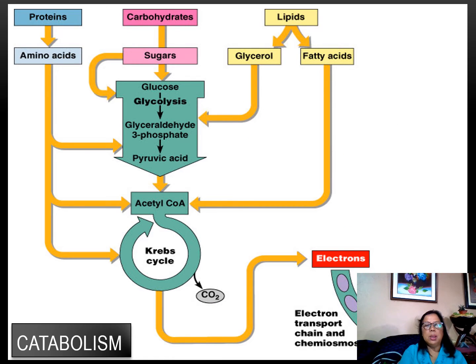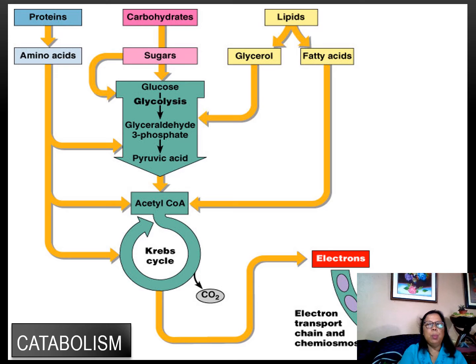And then this is your illustration of catabolism using your energy derived from the three big molecules, protein, carbohydrates, and lipids. So for the case of protein, there should be a breakdown to amino acids, but for the case of lipids, there should be a breakdown in order to form fatty acid.